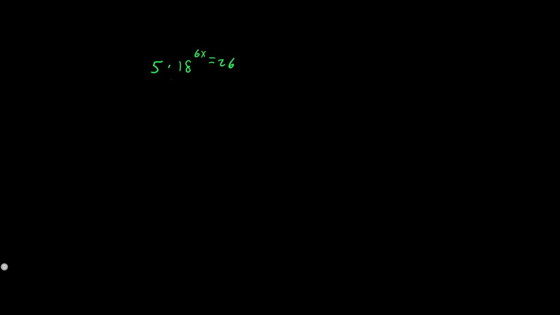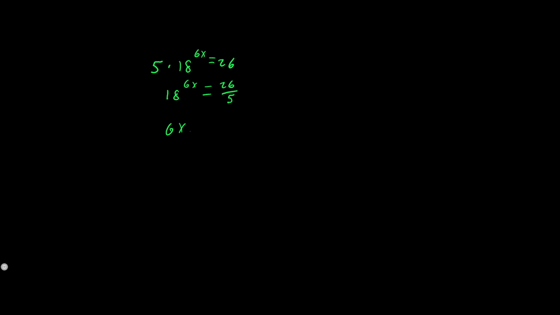Well, we're going to go ahead and divide the entire equation by 5 to get rid of the 5 that is on the left-hand side. And by doing so, we're going to get 18 to the power of 6x is equal to 26 over 5. And we can do the same step we did in the previous 2 examples since we have 6x as the exponent.